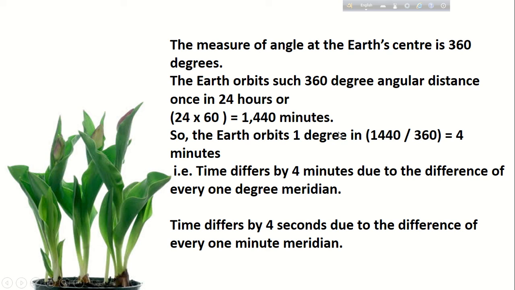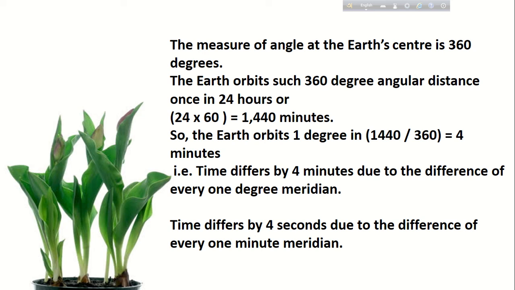You have to remember one thing: the angle of the earth, 360 degrees, originating at the center of the earth's circle, is divided into three parts: degree, minute and second. The degree is the symbol you use in the geometry part of your mathematics, then the minute is the single bar, and the second is the double bar.